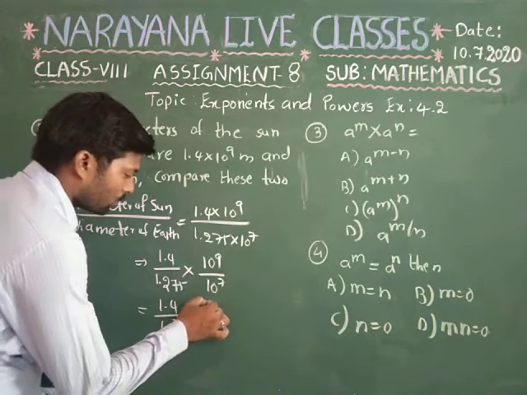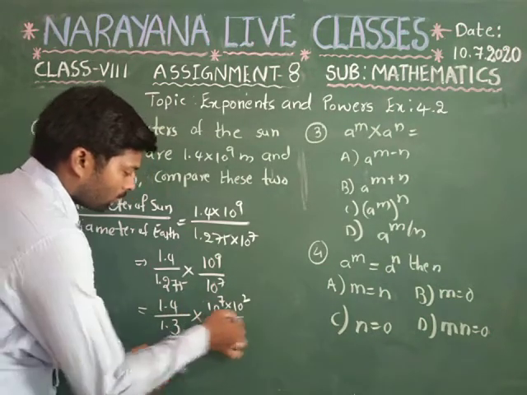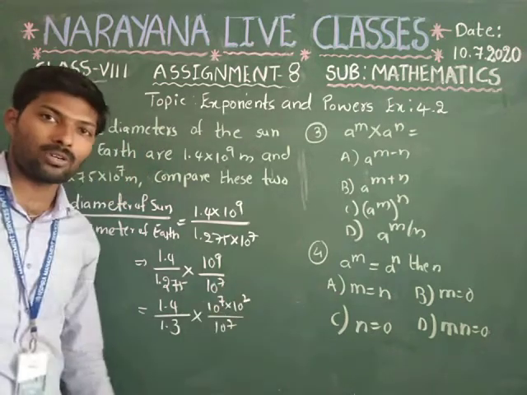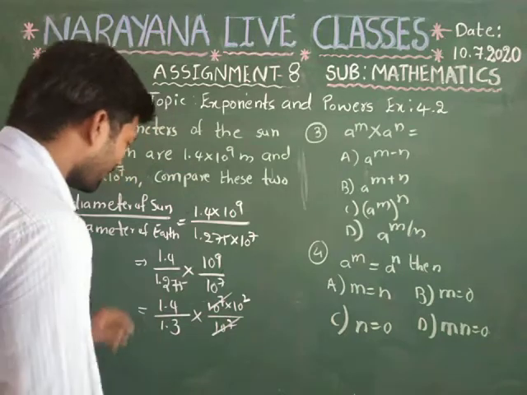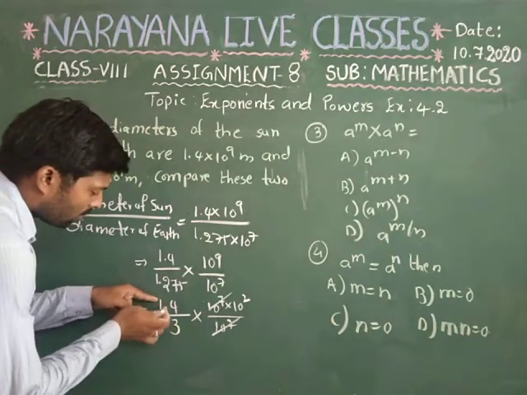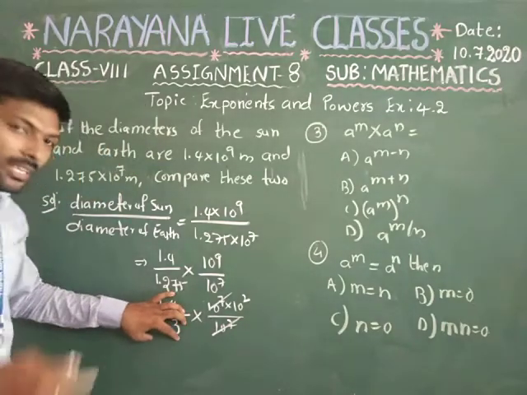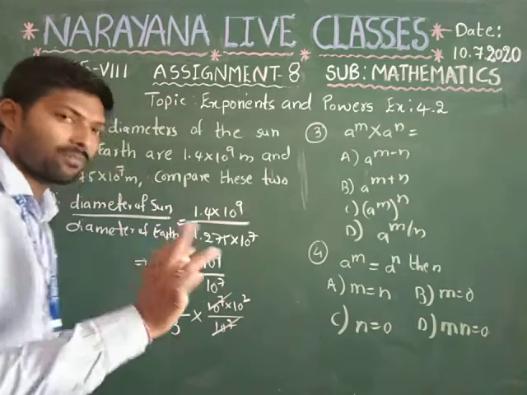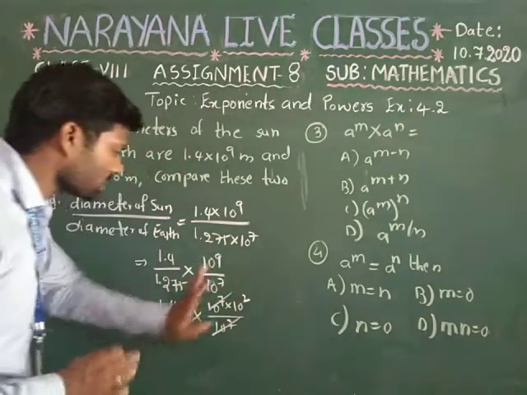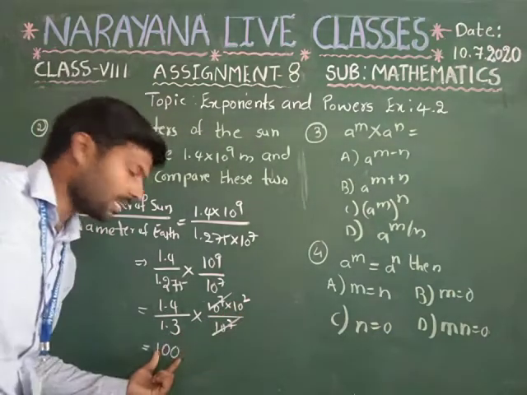I can write 10 power 9 as 10 power 7 into 10 power 2, upon 10 power 7. The 10 power 7 terms cancel. Here 1.4 by 1.3 is nearly equal to 1, so the fraction becomes 1. Then 1 into 10 square is exactly 100.